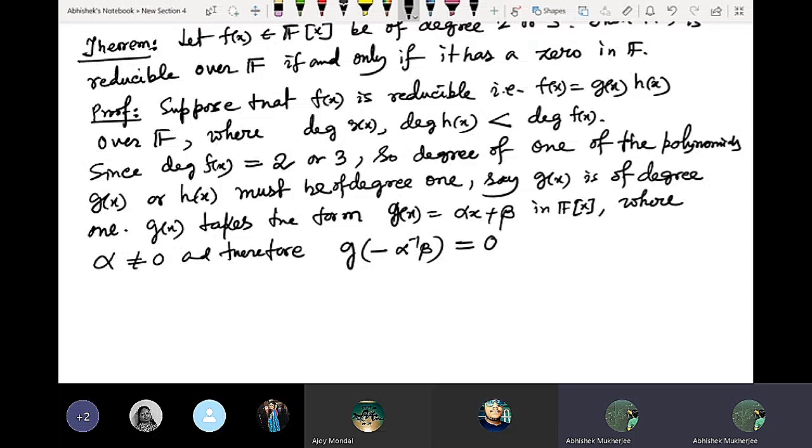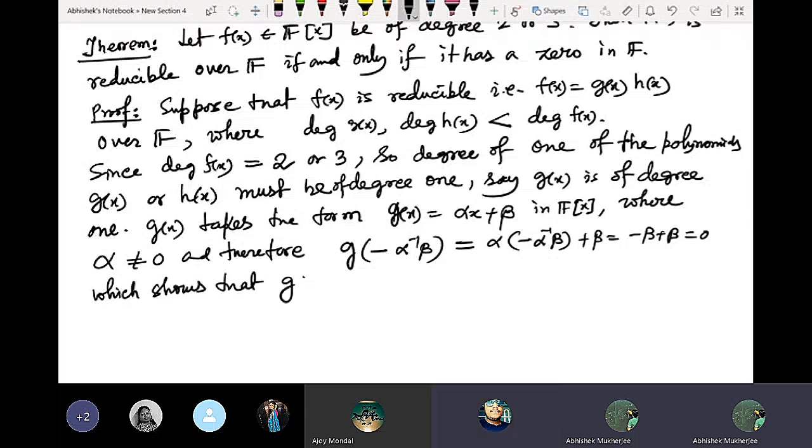It's going to be 0, right? That is, α(-α⁻¹β) + β, so that is -β + β, that is 0. So g(x) has a zero in F.